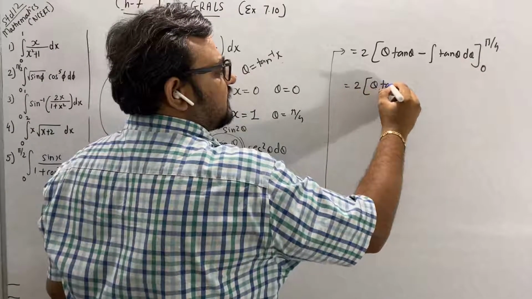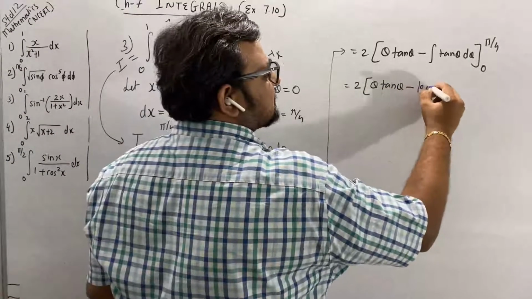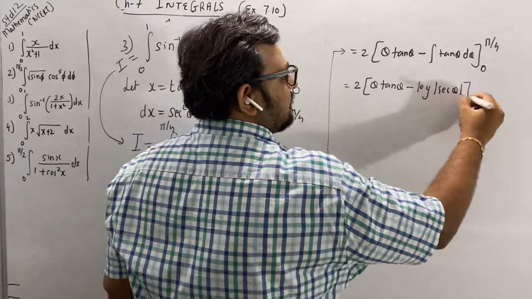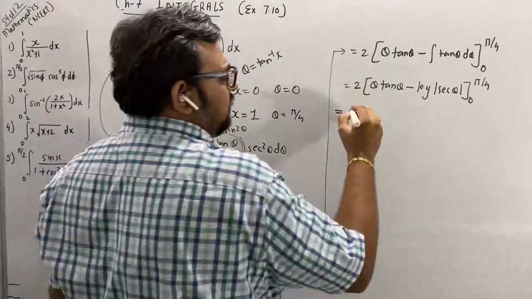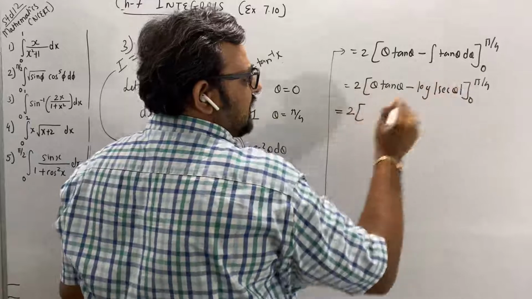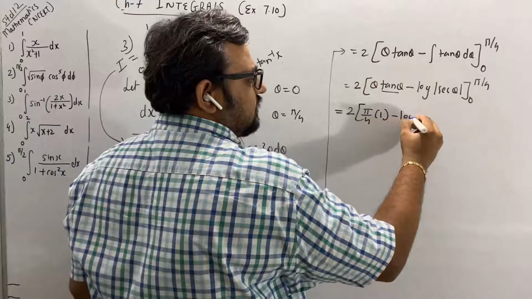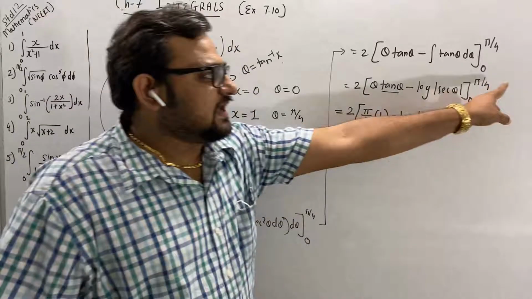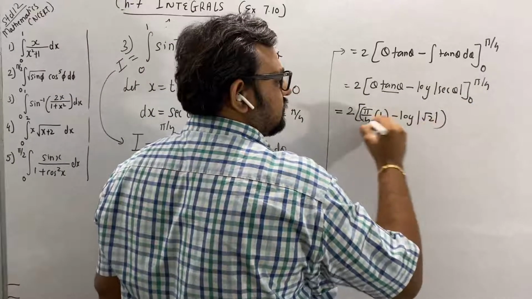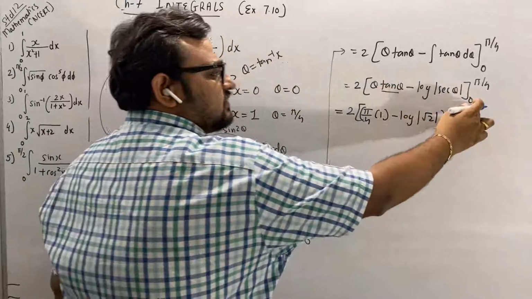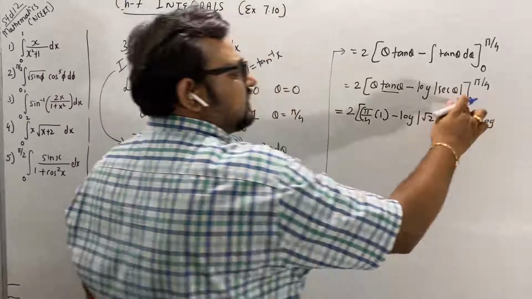2 theta tan theta minus integration of tan theta, which is log of sec theta. So this will be equal to 2. First I will put the value pi by 4: pi by 4, tan pi by 4 is 1, minus log sec pi by 4, root 2, minus theta 0, so it will be 0 minus log sec 0.